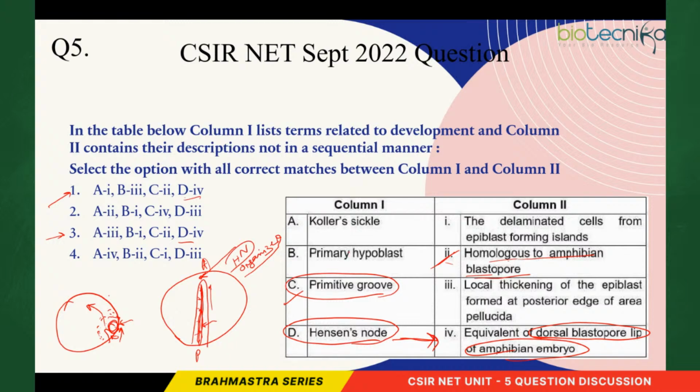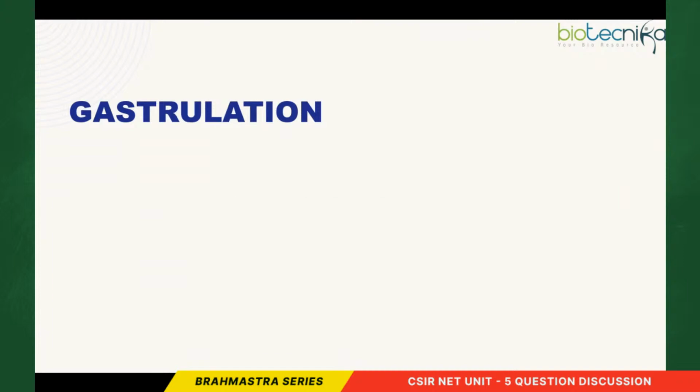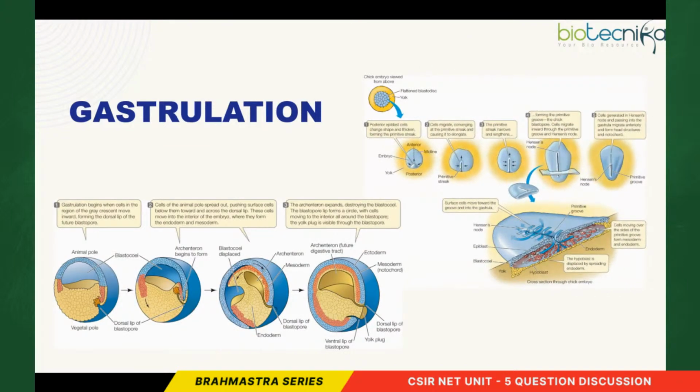So let's look at something more. Now, what is the Koller's sickle? Koller's sickle is this posterior area from where the primitive groove will start to originate. It is formed at the topmost cells. As you can see, this is the Koller's sickle area. This is the epiblast, the top cells which you can see.